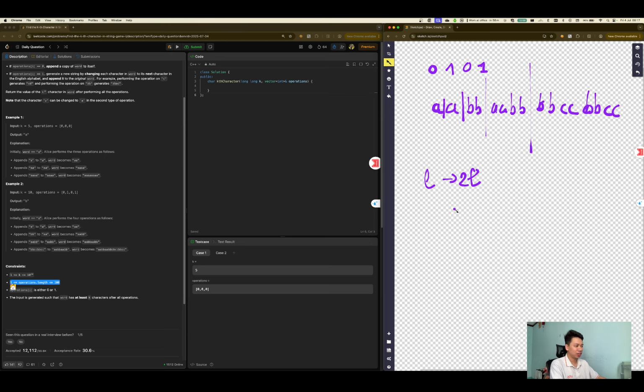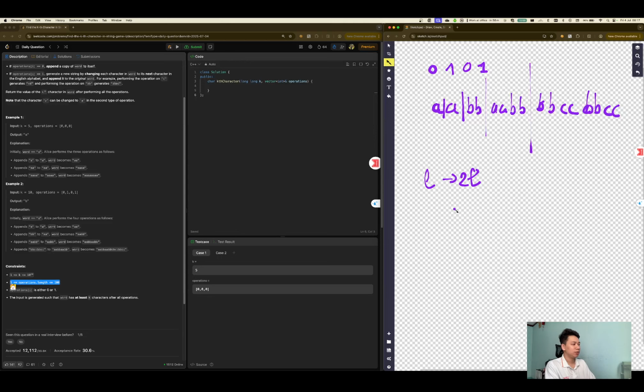Why do we round up here? We don't round down because it's an integer. If we round down, we also need to find the maximum I. So we round up.